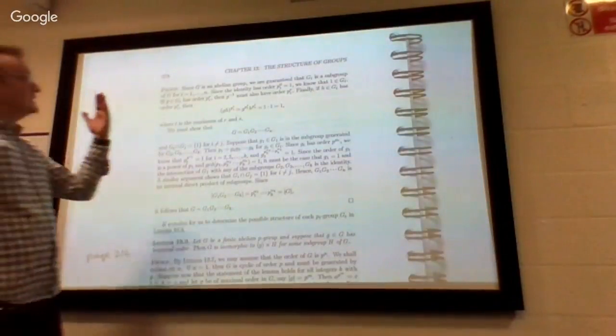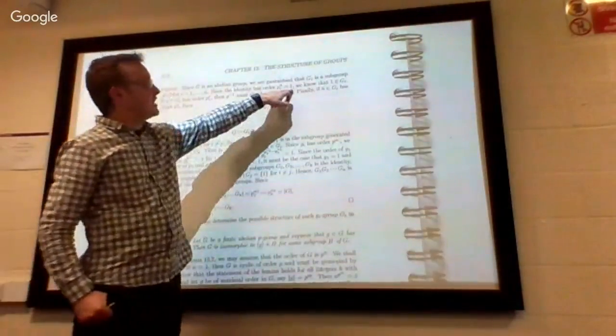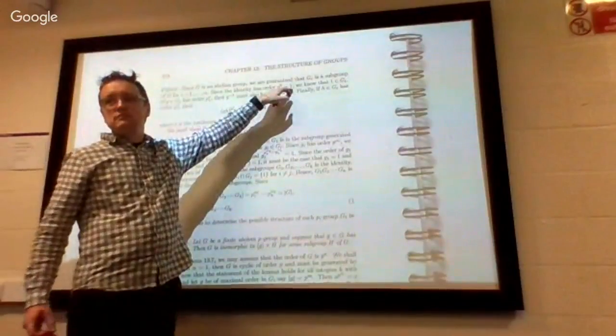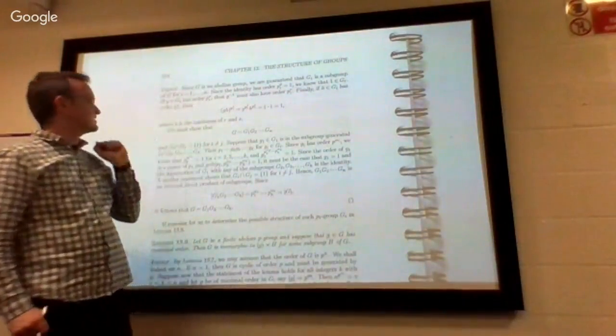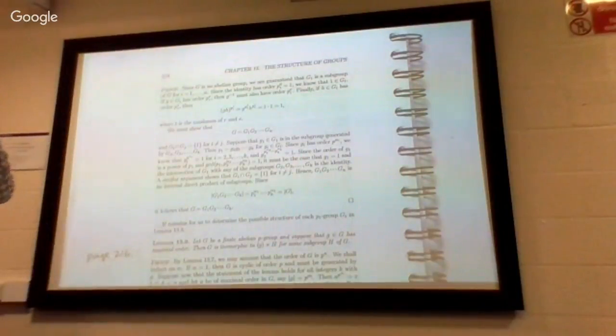First of all, the identity. Here he's writing the identity as 1. It's kind of confusing because sometimes it's the integer 1, sometimes it's the group element. If you ask yourself whether you're looking at an integer or a group element, well, if it's a group element, then the 1 represents the identity.